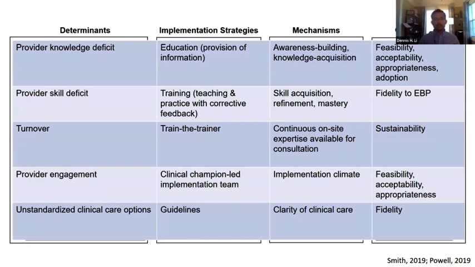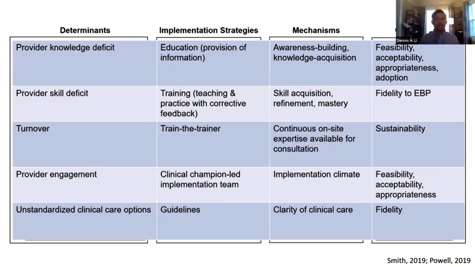A determinant like provider knowledge deficit would be targeted by maybe an education-type implementation strategy. The hypothesized mechanism by which that works is that the education increases awareness and knowledge, and that in turn will lead to more acceptability, more appropriateness, higher adoption.